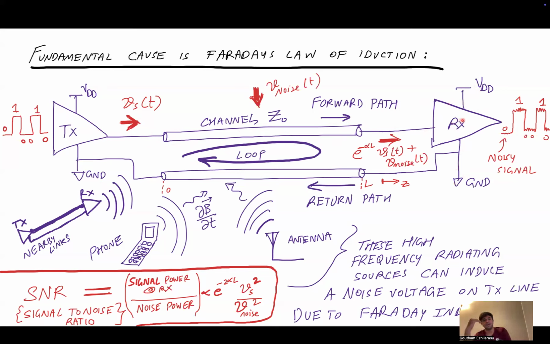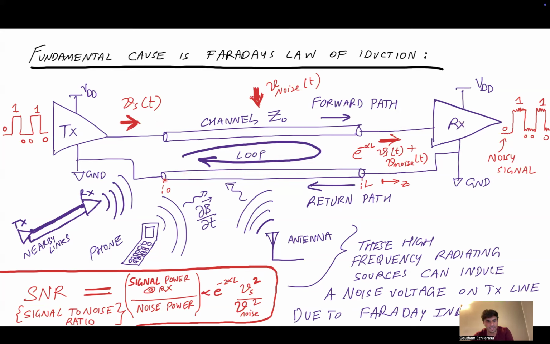And remember that when you talk about links, any link, the link is not just one line that is connecting it. There's always a return path because current has to flow in a loop, right? So, for example, for the microstrip, the signal line is the rectangular signal line I showed earlier, and the return path is just the ground plane, right? So there is some signal line and there is some return path which is shown here, which also has a characteristic impedance Z naught.